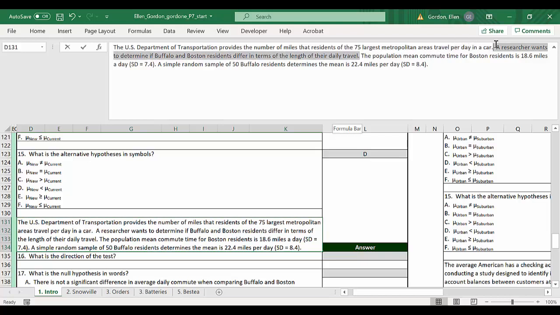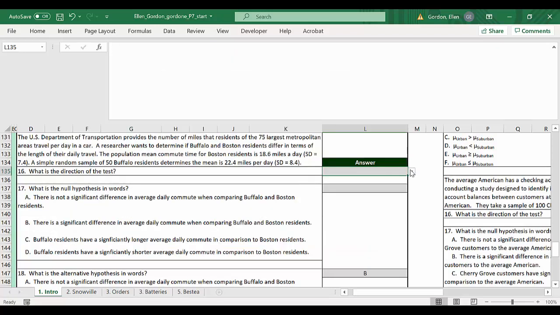So the researcher comes up with this hypothesis and then they look at the means. So when you're trying to determine the hypothesis based on this little synopsis of the research, make sure that you're basing it off of what the purpose of the study is or what the researcher thinks is going on and not the data. So again, the alternative hypothesis is two-tailed.